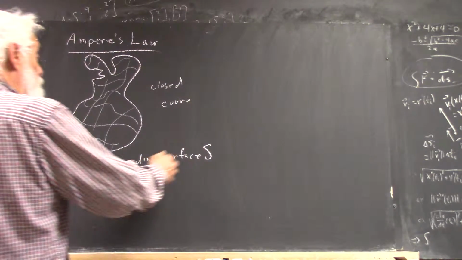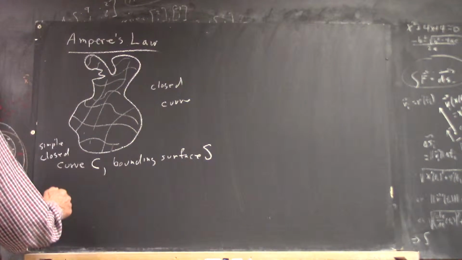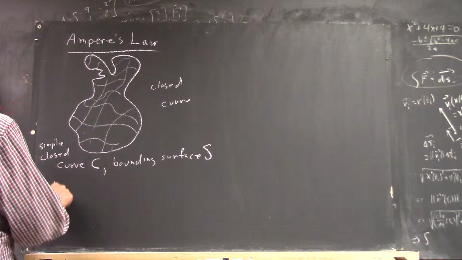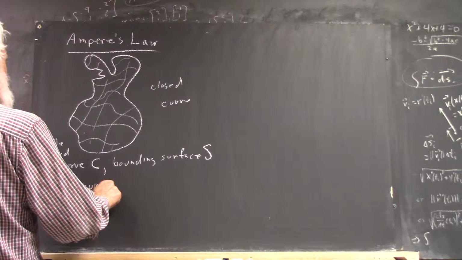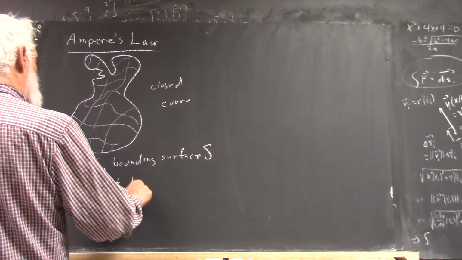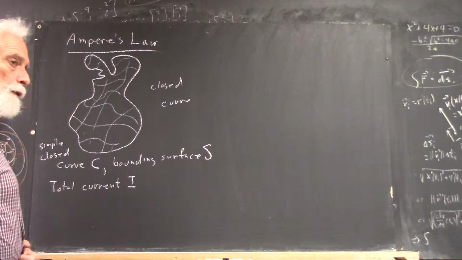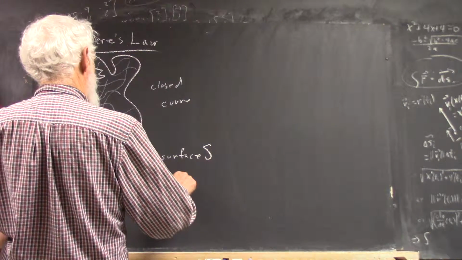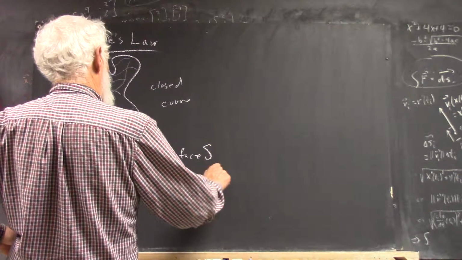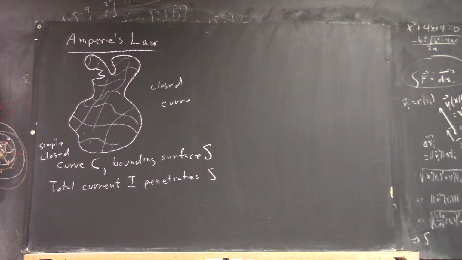Okay, curve bounding surface S. Current. Total current I penetrates the surface S. Okay?